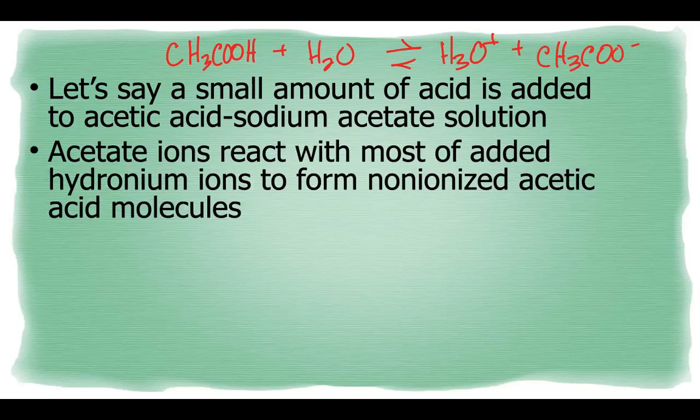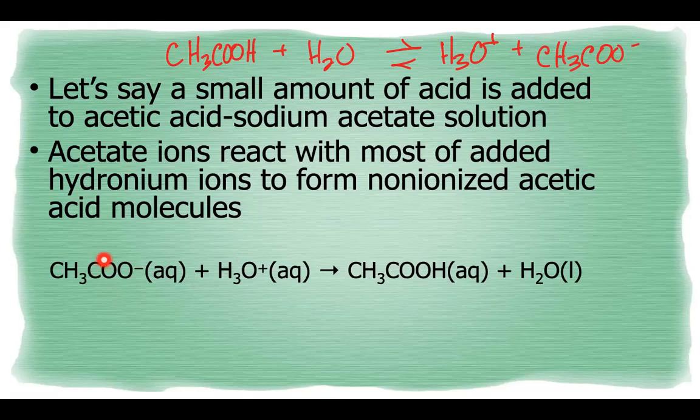If we add a small amount of acid, what's going to happen? The acetate ions, which are here, are going to react with most of the added hydronium ions to form non-ionized acetic acid molecules. So if you add a small amount of acid, you're increasing the concentration of hydronium, which means the acetate is going to react with that excess and form acetic acid molecules.